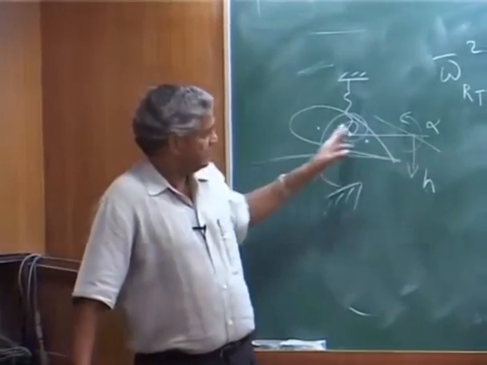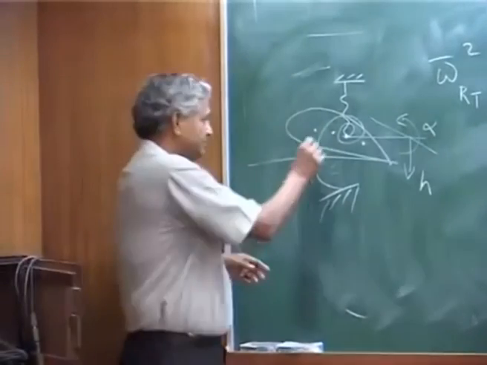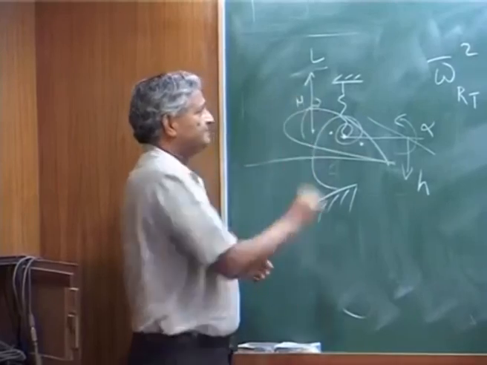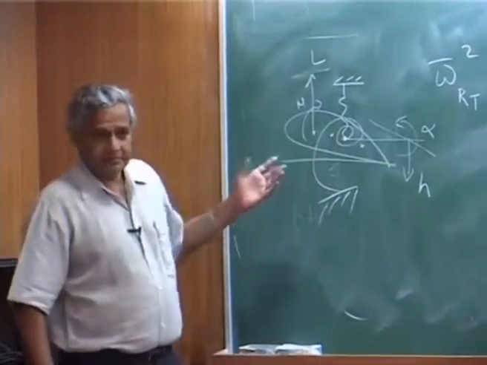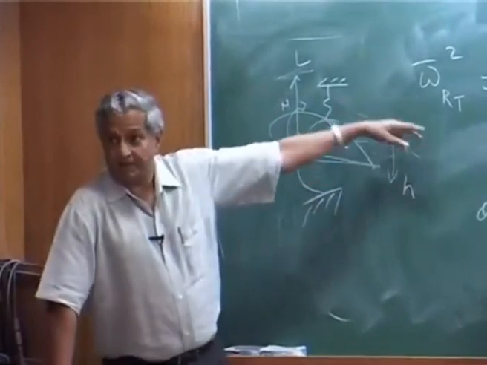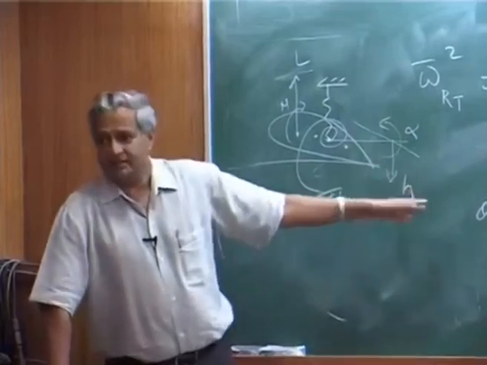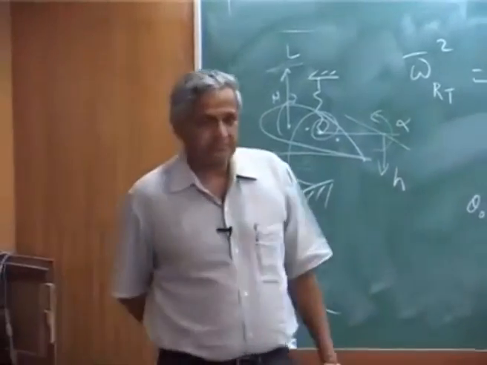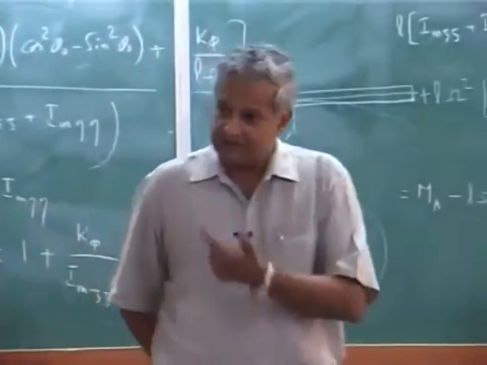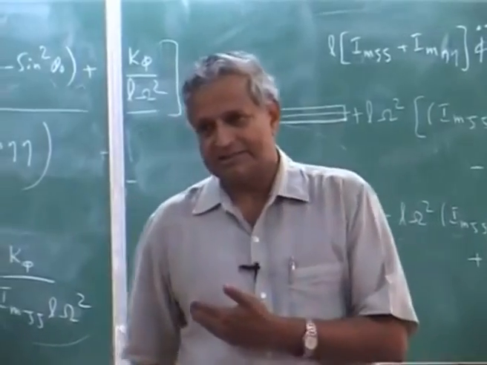You will get the lift and moment expressions about some quarter chord, and these expressions will be a function of alpha, alpha dot, alpha double dot, h, h dot, h double dot, h triple dot. So you will find everything. And this theory is by vortex model. This is unsteady aerodynamic theory.